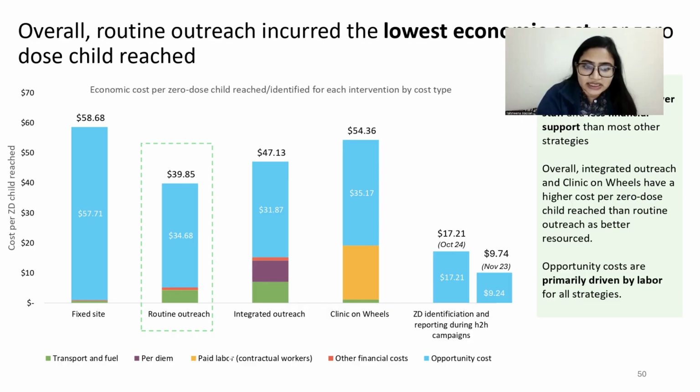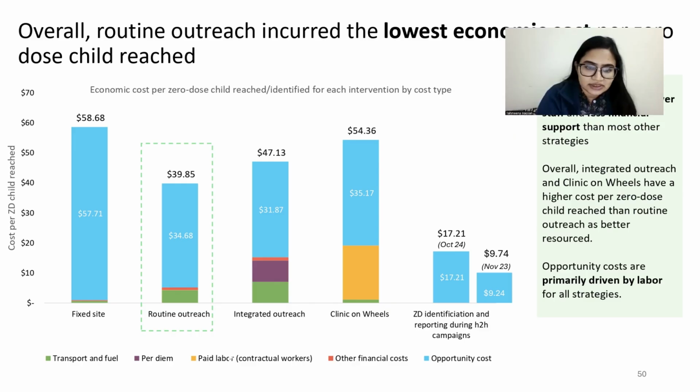And if we compare the routine outreach with the integrated outreach program, the major driver of the cost in integrated outreach is additional staff, as well as the cost on fuel and transportation, which is very low in routine outreach. The fixed site has the highest economic cost, which is 58.68, and the major driver of this cost is the opportunity cost, which includes the routine labor, as well as the maintenance of the healthcare facility cost.